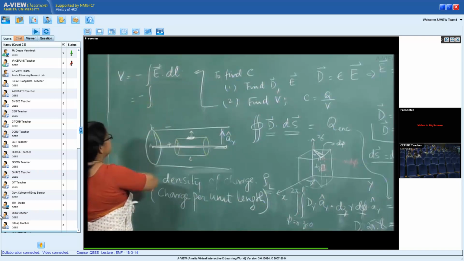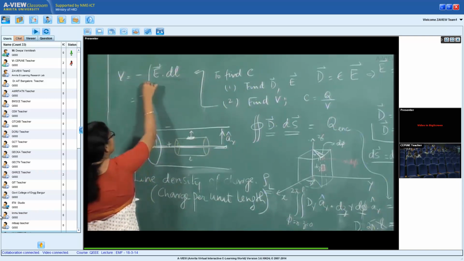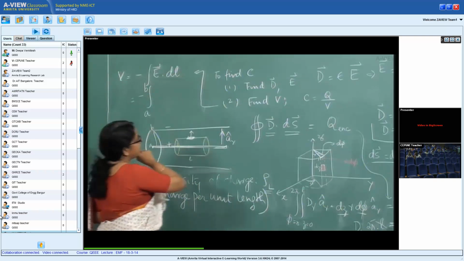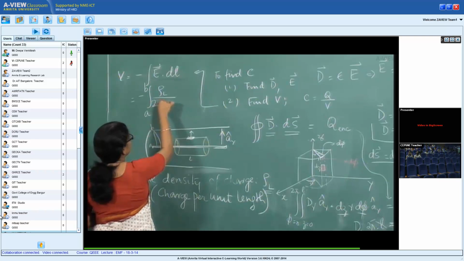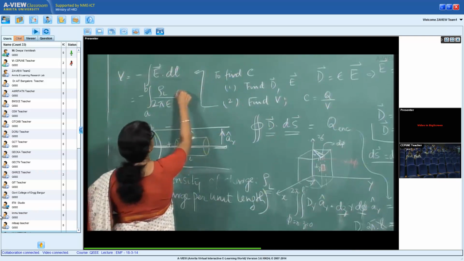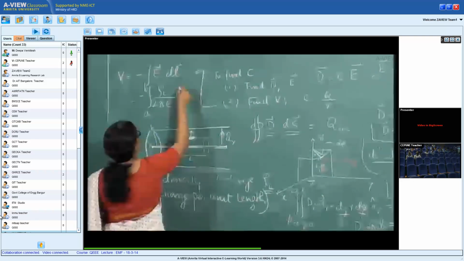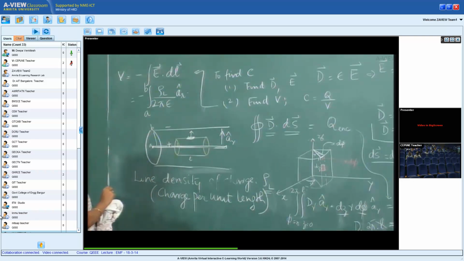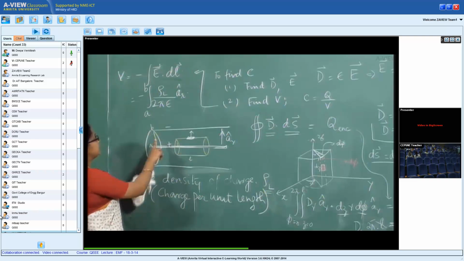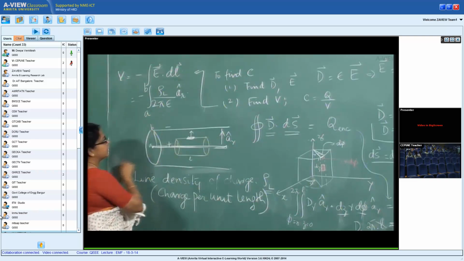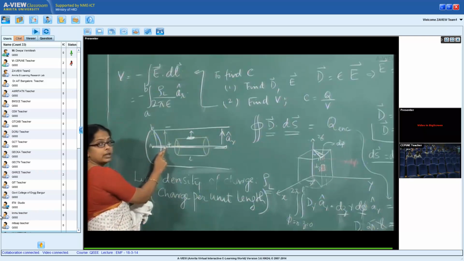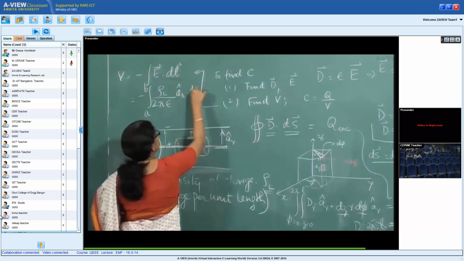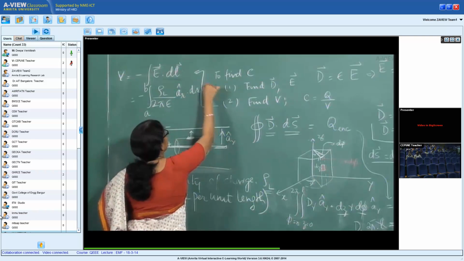So this would be minus integral a to b rho L over 2 pi epsilon a_r. What about dl? You are going from the inner to the outer conductor. So what is dl? dl is the elemental length in the direction of your path. Your path is along a_r, which means this is dr a_r.